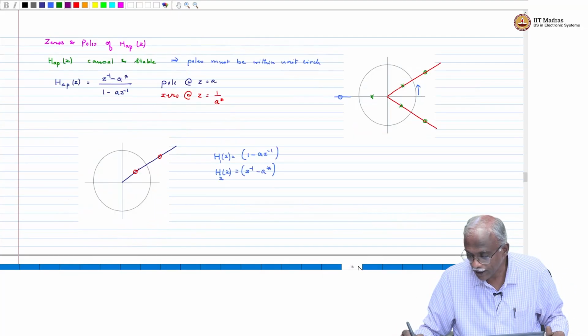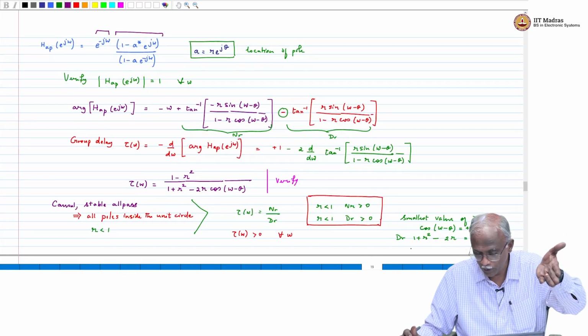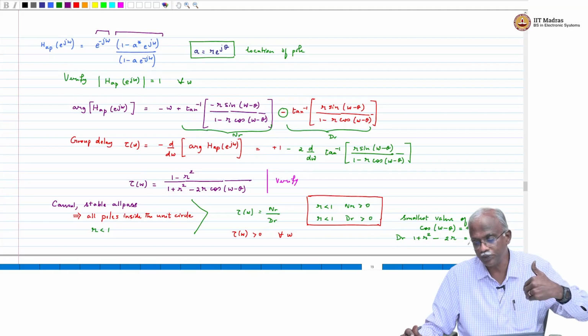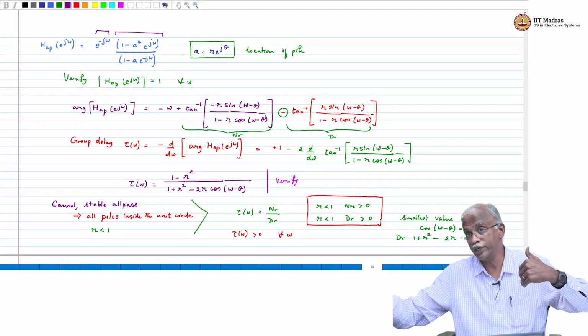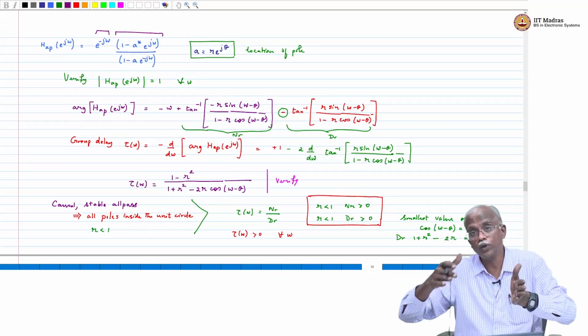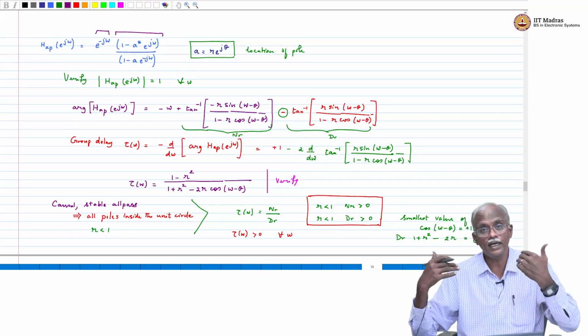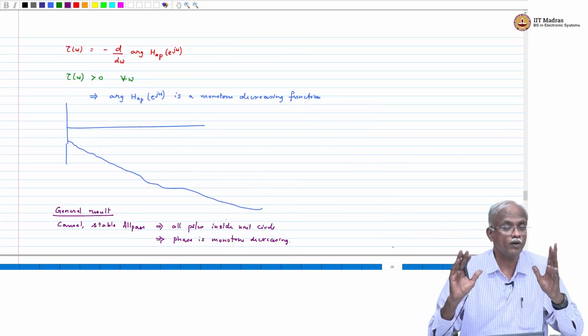And we went ahead and calculated the magnitude response, the phase response, and the group delay. The group delay we showed was always greater than 0 for all values of omega, which then requires the phase to be monotone decreasing.